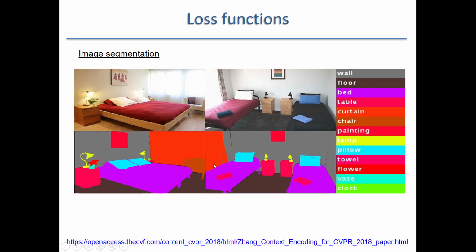If you are doing image processing, and in particular image segmentation is this problem in which you are given an image, and then you have to assign labels to each one of the pixels. So you have multiple labels, and then you have to assign those labels to those pixels.